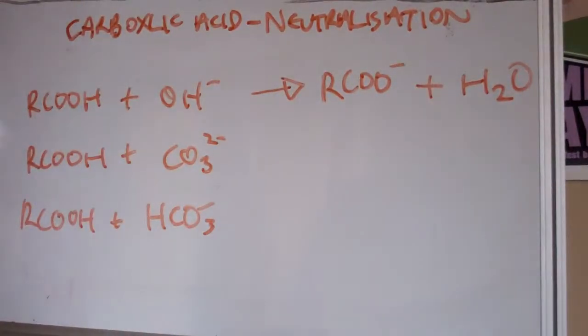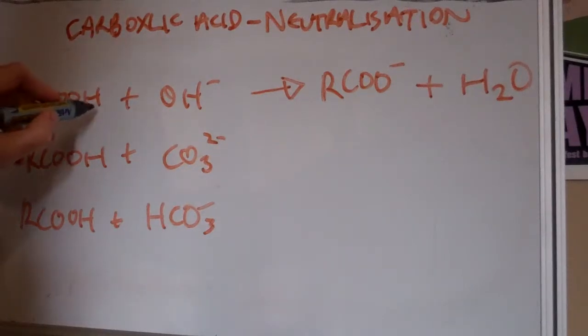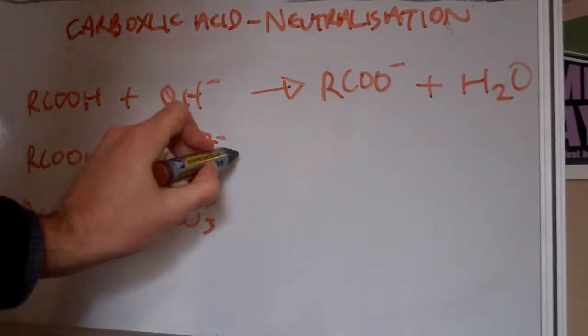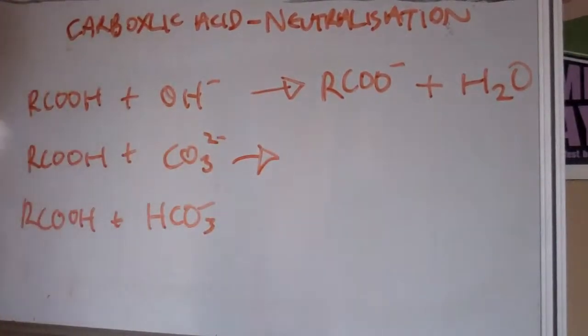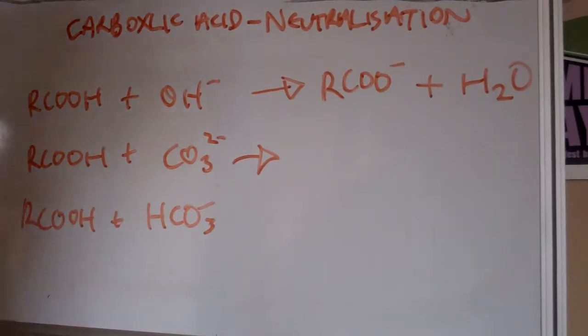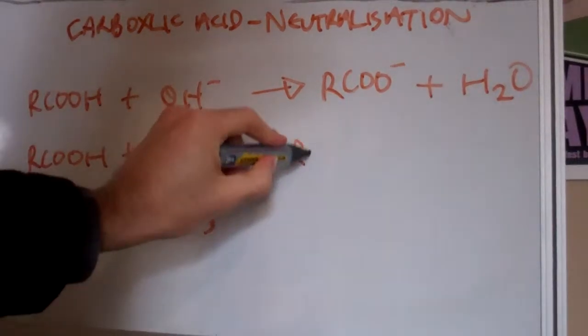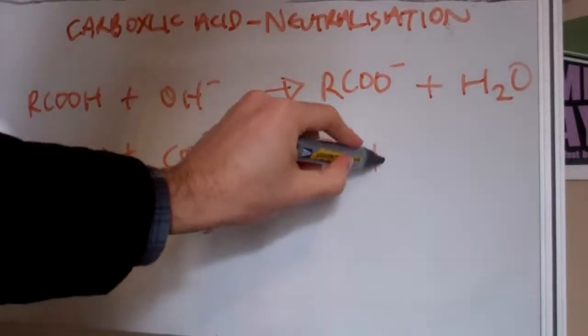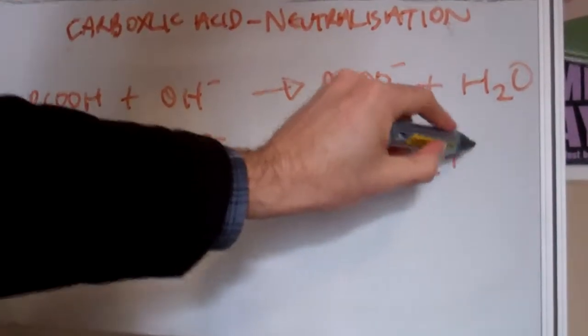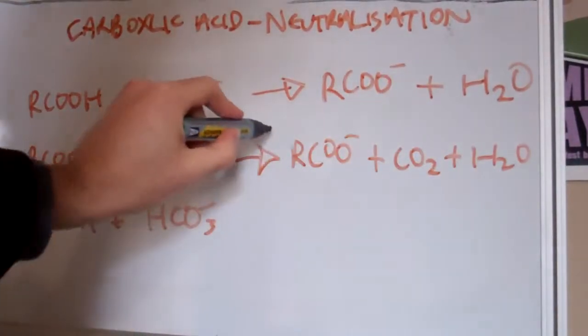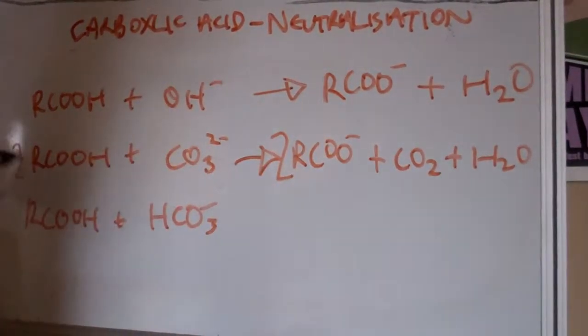So the next one, reaction with the carbonate ion, from acid-base reactions that we've looked at in the past. If you react with carbonate, you get the same salt as before, carbon dioxide, and water. This one just needs a bit of balancing, a 2 there and a 2 there.